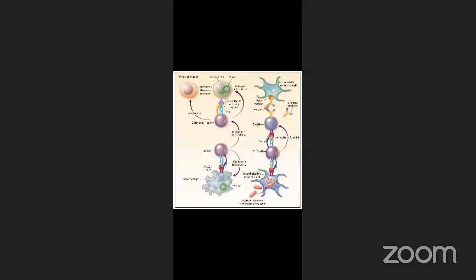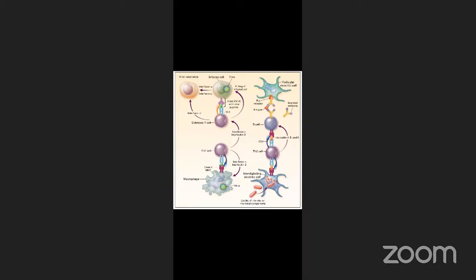So, after phagocytosis of the viral particle, it presents the antigen with the help of MHC molecule 2, and this MHC molecule 2 presents the antigen to the TH cell, and TH cell releases the interferon gamma, and the interferon gamma activates the cytotoxic T cell.